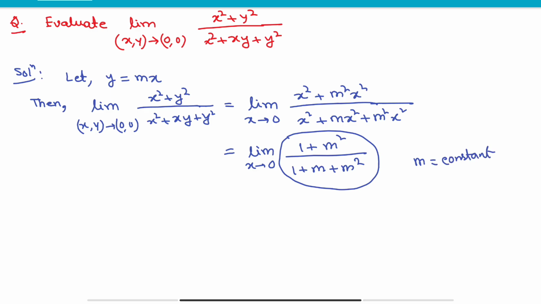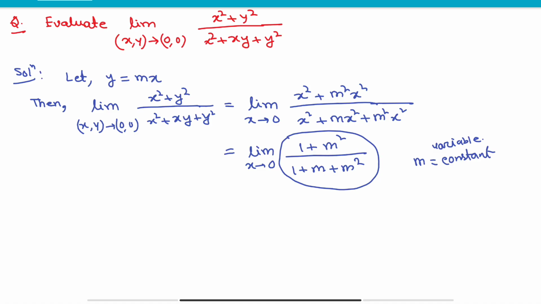Now constants are of two types. One type is fixed constant and the second type is variable constant. Here m is a variable constant. Variable constant means this is arbitrary. If I can choose m equals 2, you can choose m equals 3, anyone else can choose m equals 4. So this is variable.